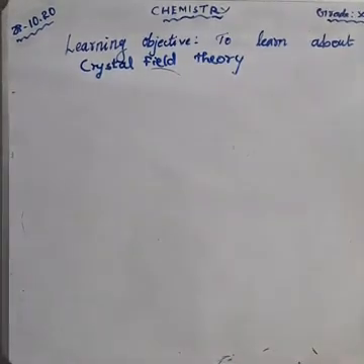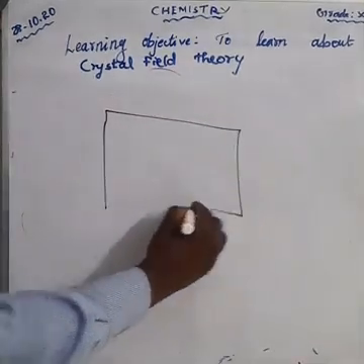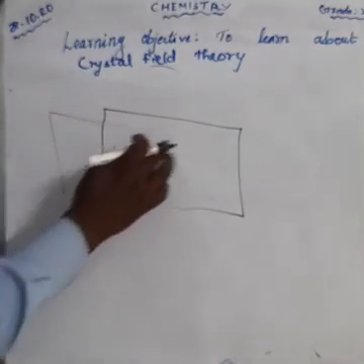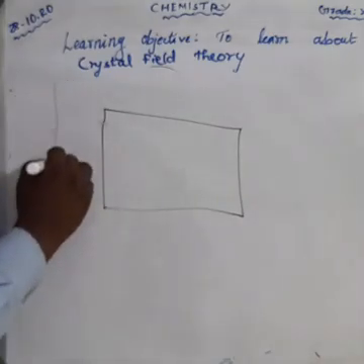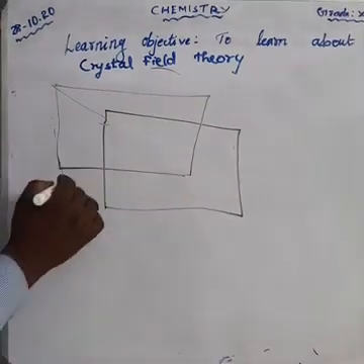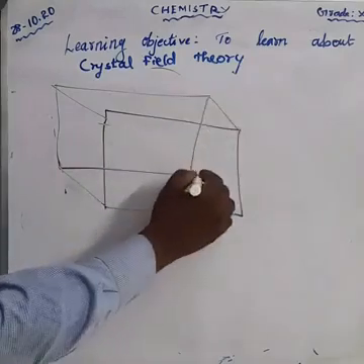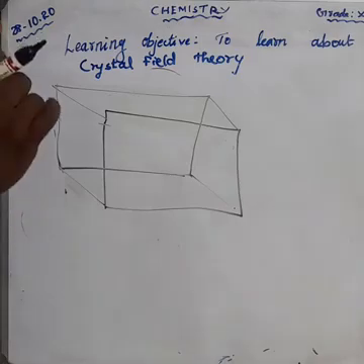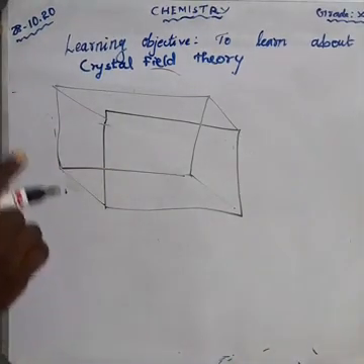For the tetrahedral complex, how many ligands are there? 4 ligands.